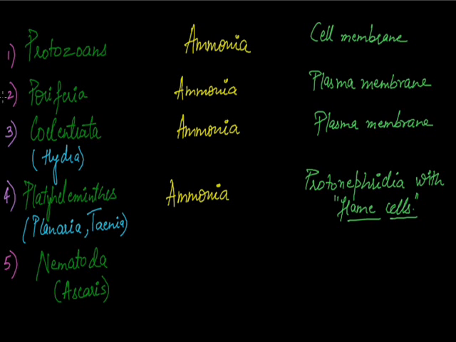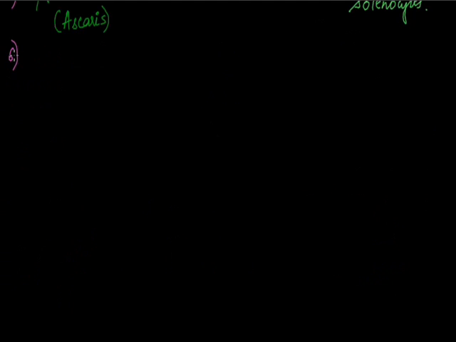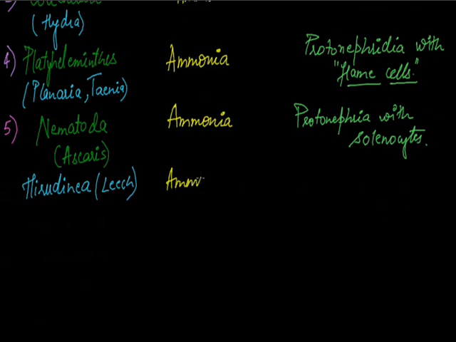They excrete again ammonia, and they have protonephridia, primitive nephridia with special cells called solenocytes. Next, again an example of annelida only: Hirudinaria. Hirudinaria is leech, blood sucking. It excretes ammonia from metanephridia.